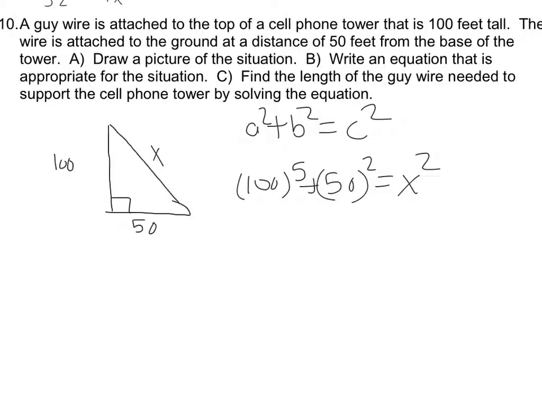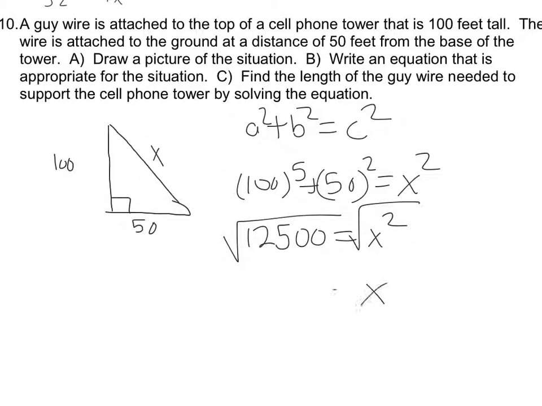You should get 12,500 equals x squared. Square root both sides. You get x equals, now we're not going to use plus or minus because you're never going to have a negative length. And it's going to be approximately 111.80 feet.